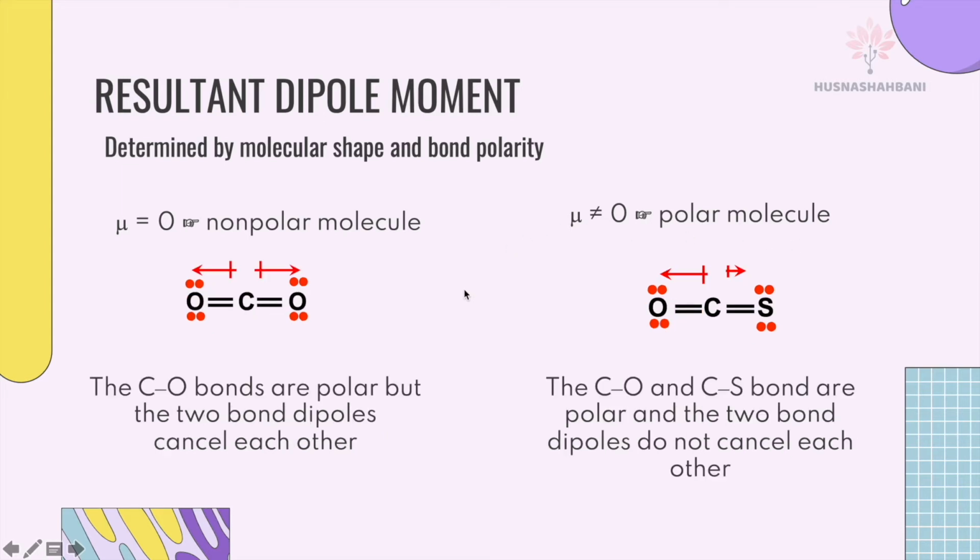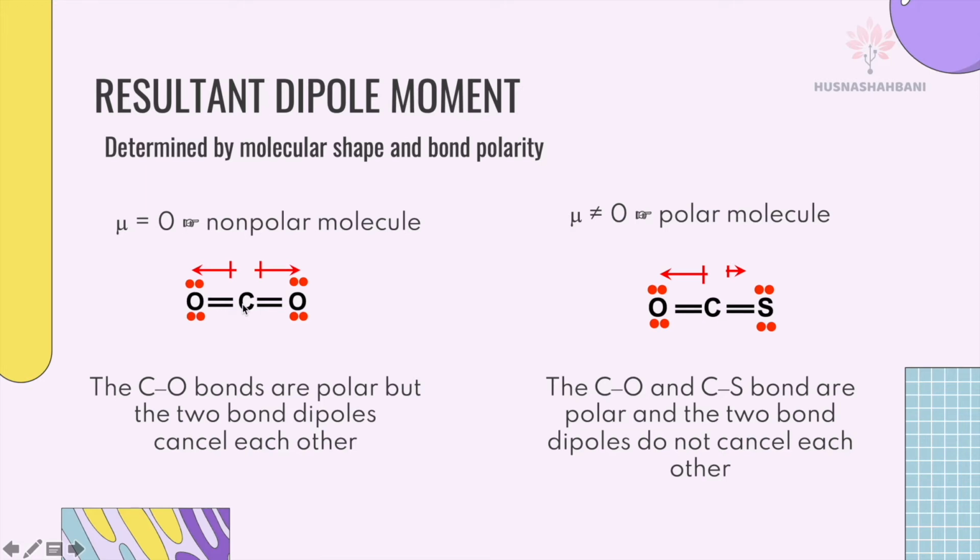For a molecule which has more than two atoms and different atoms, look at carbon dioxide, CO2. The central atom is carbon, and the surrounding atoms are oxygen, and they are the same. The bond between carbon and oxygen is a polar bond because they have different electronegativity.